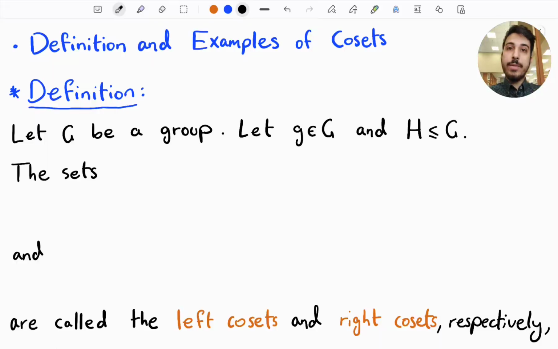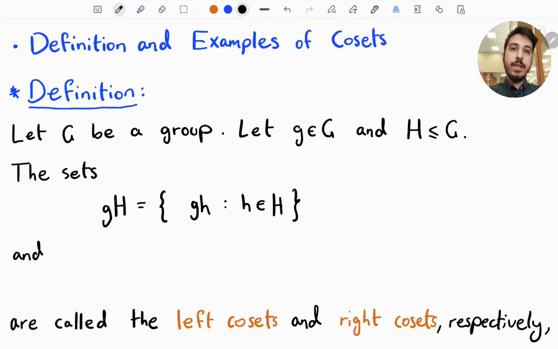Let us start with the definition of a coset. If G is a group, let g be some element in G, and H a subgroup of G. The set denoted by gH is equal to all the elements h in H when they are multiplied by g.